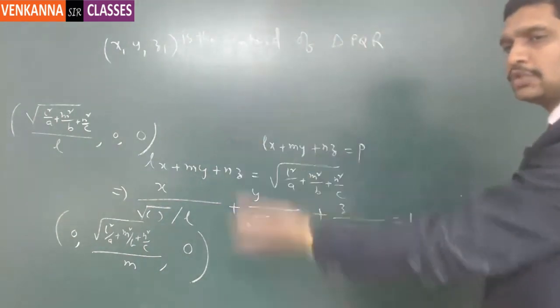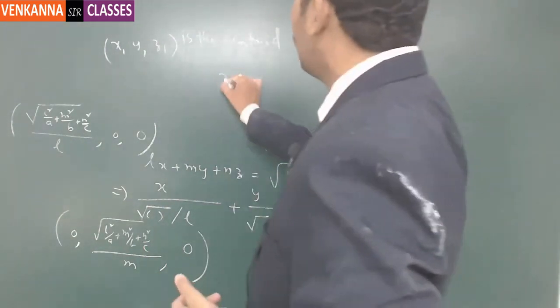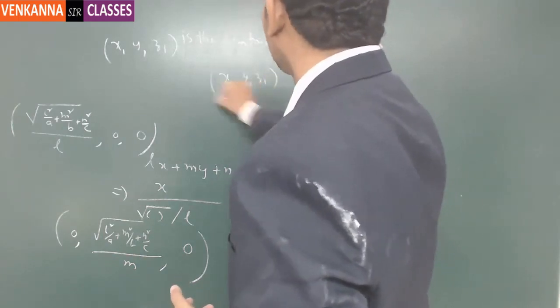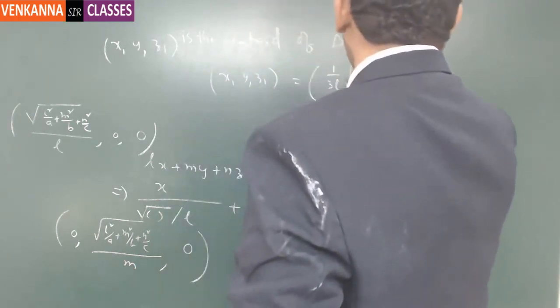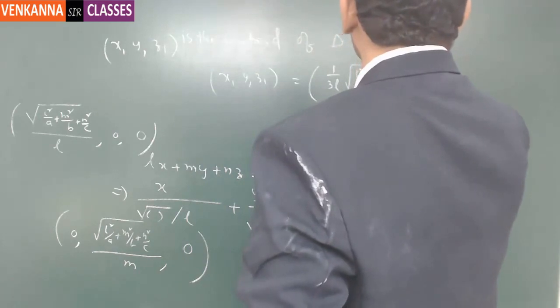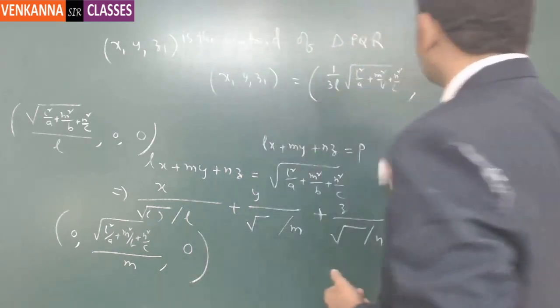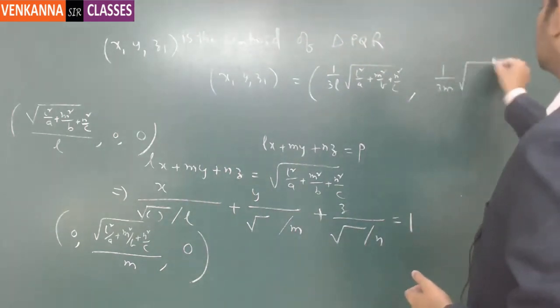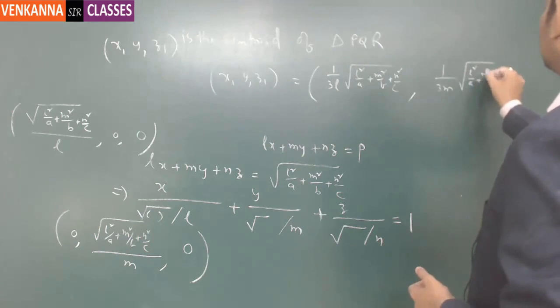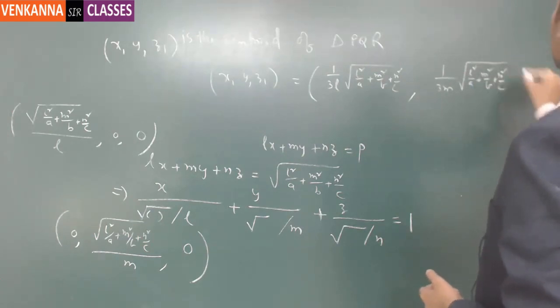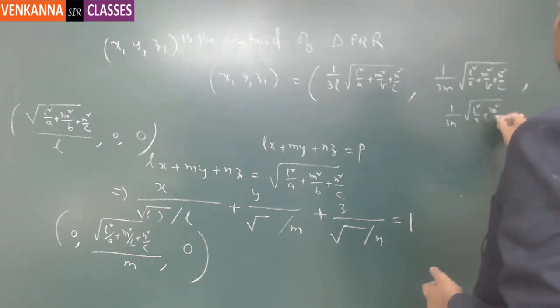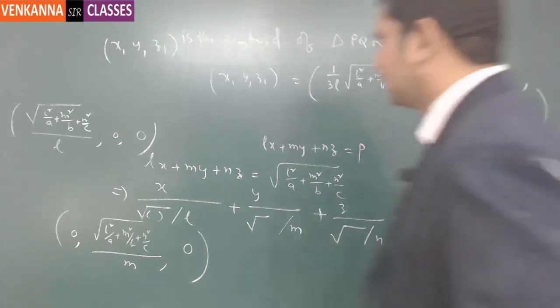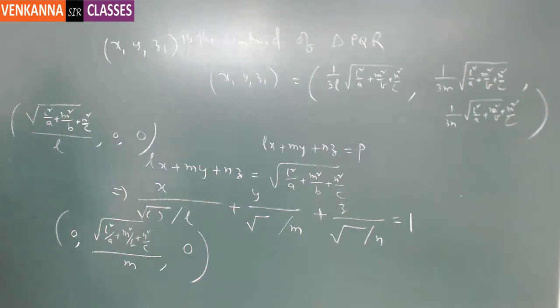So applying the centroid formula, you have x1, y1, z1 is equal to 1 by 3l into square root of... This is the centroid. Clear to all?